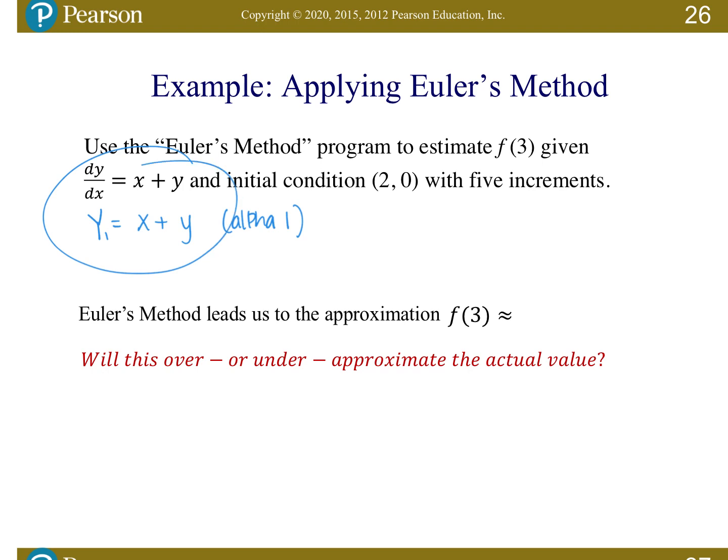Okay. Then when you execute your Euler program, it's going to ask you what the initial condition is. So it'll ask you what x is. All right, you say x is 2. And you put in that your y is 0. Then it's going to ask you what your increment is. So you're going to have to figure that out.